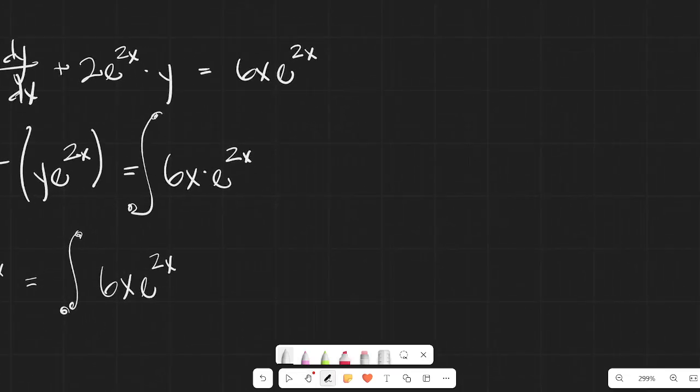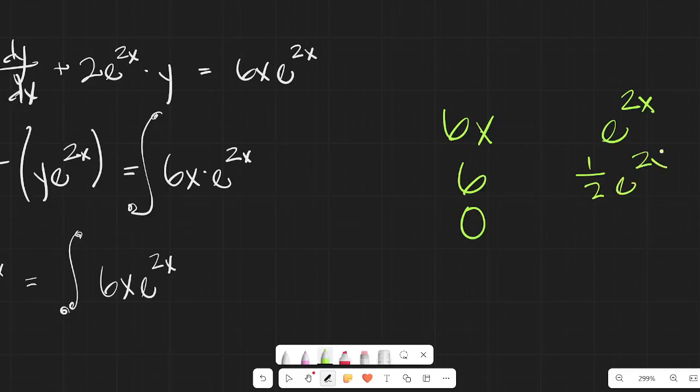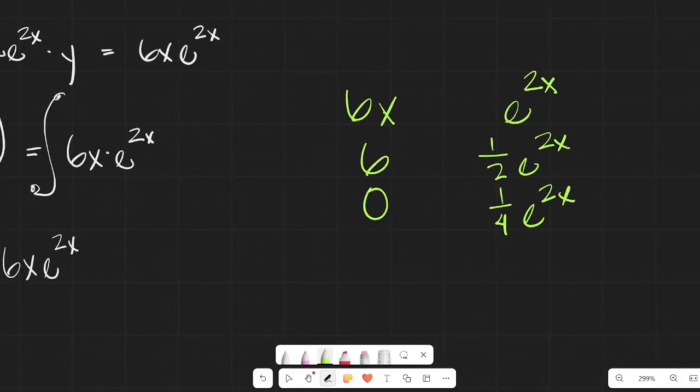So what we do is take a table of our two functions in this integrand, and then we start taking derivatives as we go down the rows, for both columns. Now that we've got that, we assign alternating signs, starting with the positive.